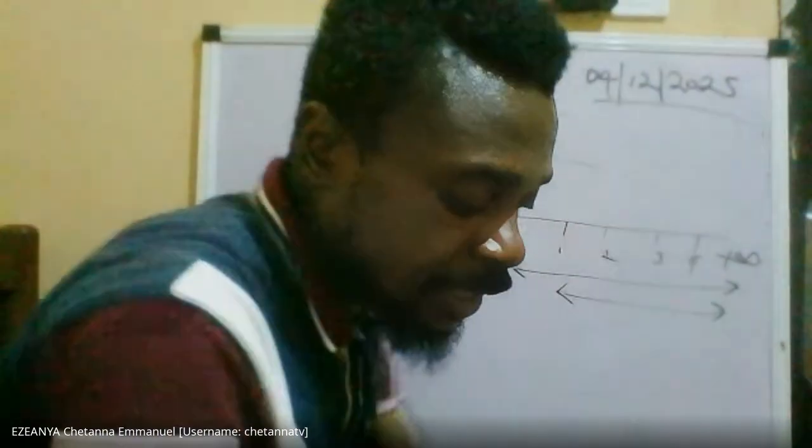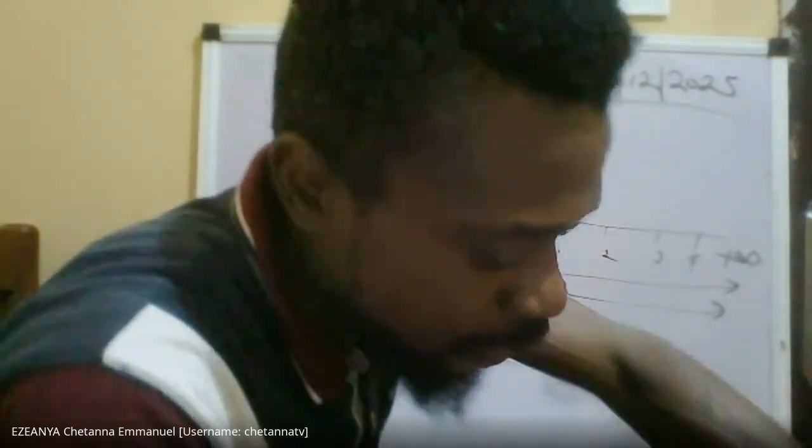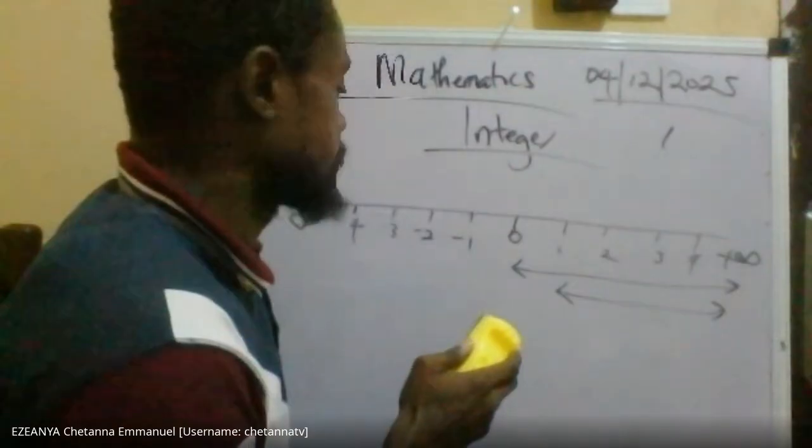Maybe where you place the camera. Wait, let me write it again. Let me check something. You said it's from where to where? I'm seeing from -4 to 1.